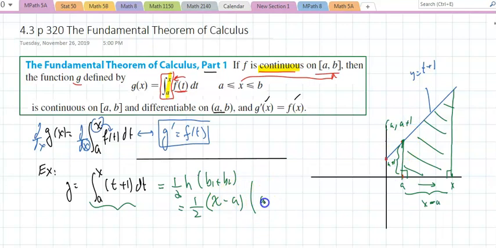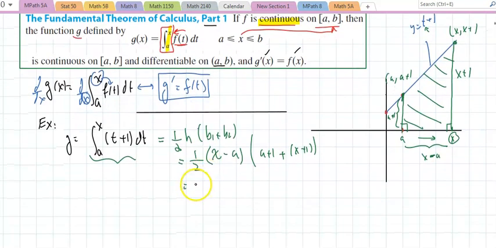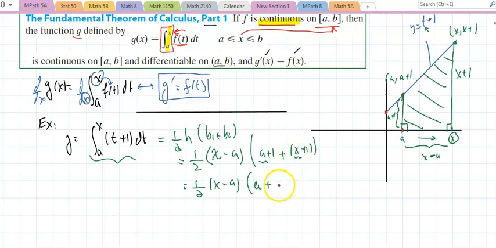That's base 1. And when I say x, wouldn't that be x plus 1? So wouldn't this right here be 1/2 (x minus a) times (a plus x plus 2)? So I got g equal to 1/2 (x minus a)(a plus x plus 2).